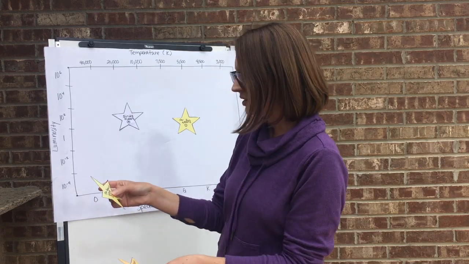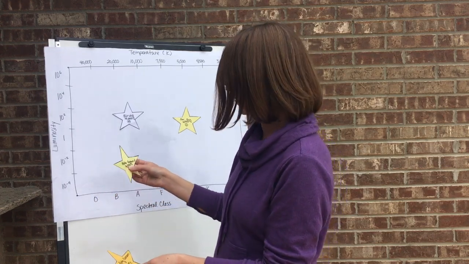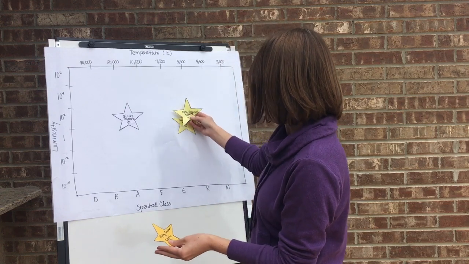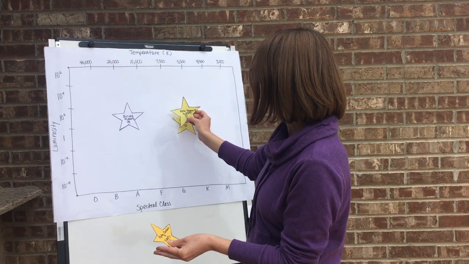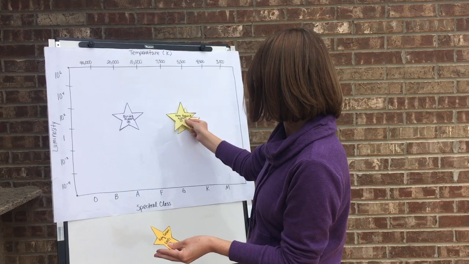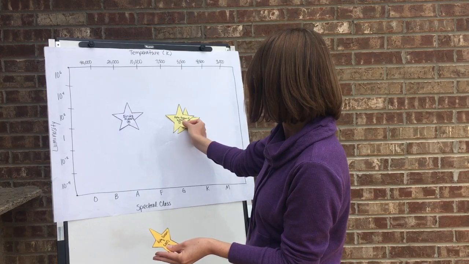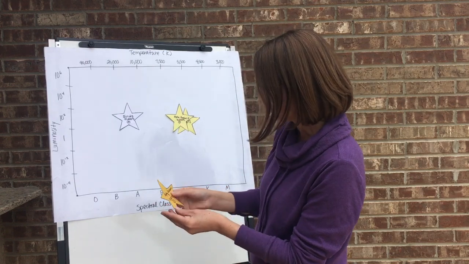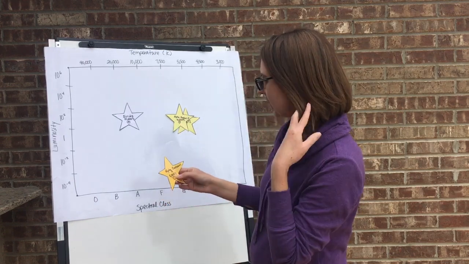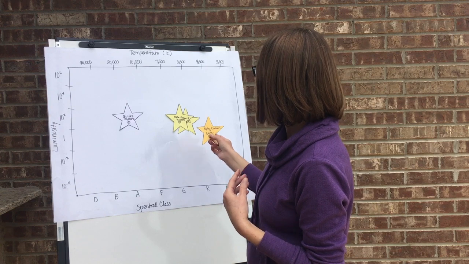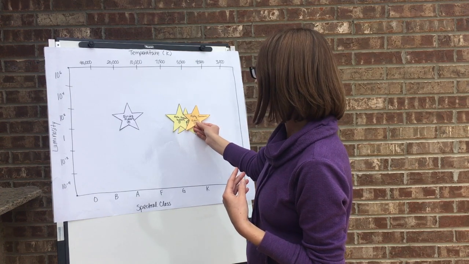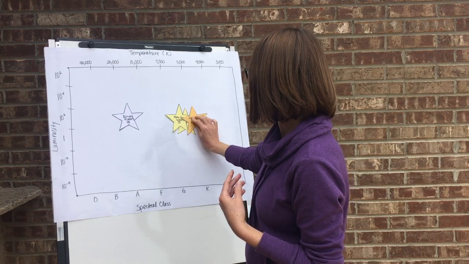Then we have Alpha Centauri A. Its temperature is 6,000, so it's really close to the sun, and its luminosity is 1, so it's still really close to the sun. So Alpha Centauri A graphs really, really close to the sun. Alpha Centauri B, its temperature is 5,000, and its luminosity is 1, and so it is also really close to the sun.